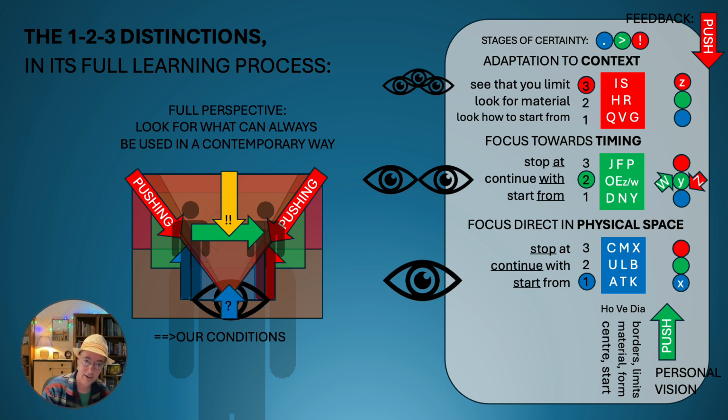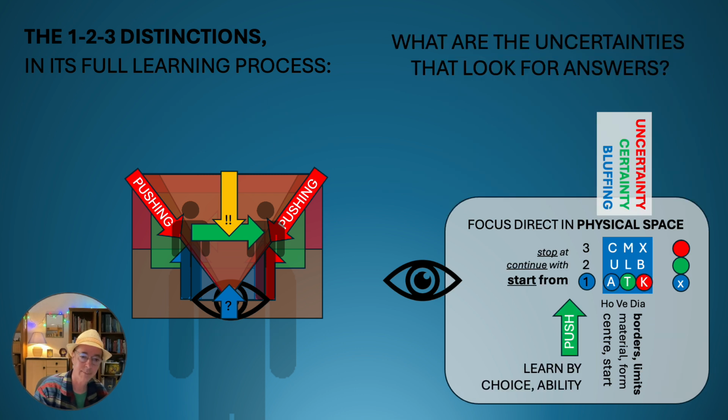That's that third level. Okay, now for the letters, I have to go to the letters as well. So the uncertainty principles, where do they start? We know we already start from what we push forward. We learn in a way by choice and making choices, and by a certain degree of ability, of consciousness, how much you already realize and notice, and are also willing to see what's going on, and to define the things exactly as they are.